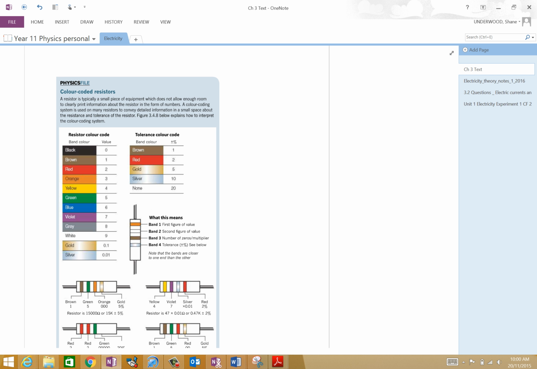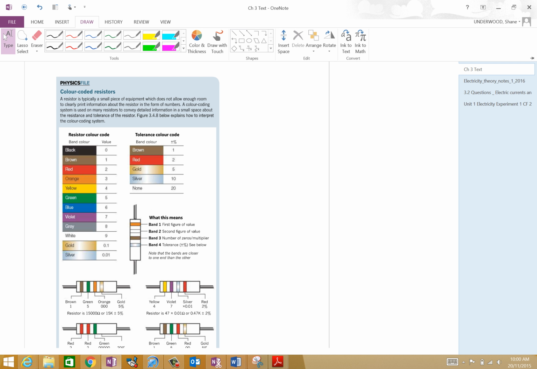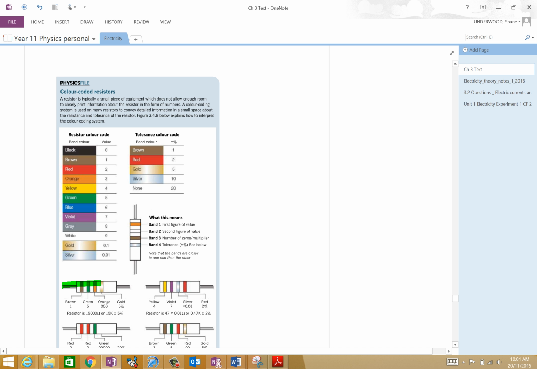So it's going to be between 15,000 ohms plus or minus 5%. So there we go. That there is a 15 kilo ohm resistor. So if we ever had to play around with them and measure resistors, we might get some resistors out, measure the resistance with a multimeter and see how close it is. A lot of the time it's going to be within that tolerance level pretty much every time.